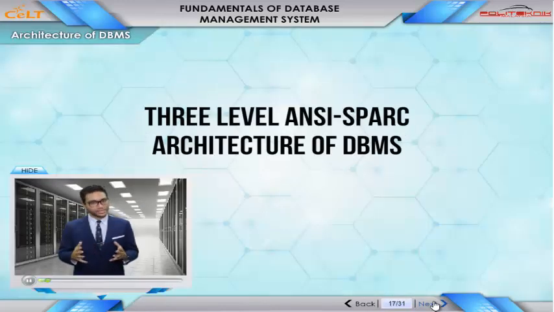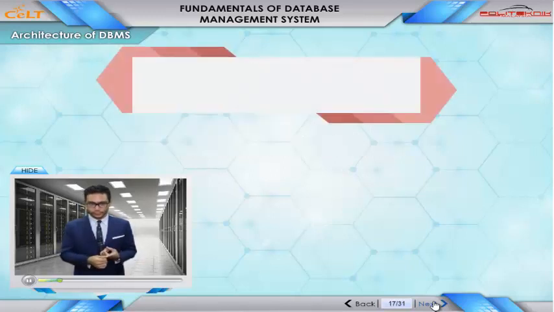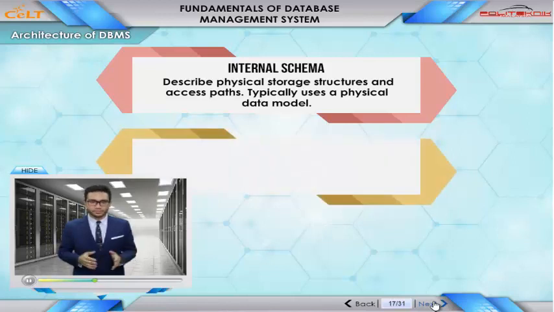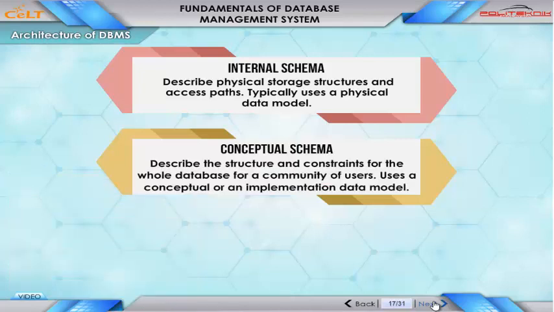The three-level ANSI Spark architecture of DBMS can be concluded as follows. Internal level: internal schema at the internal level to describe physical storage structures and access paths. Typically uses a physical data model. Conceptual level: conceptual schema at the conceptual level to describe the structure and constraints for the whole database for a community of users.